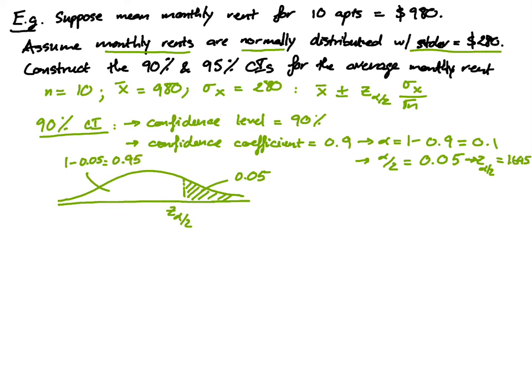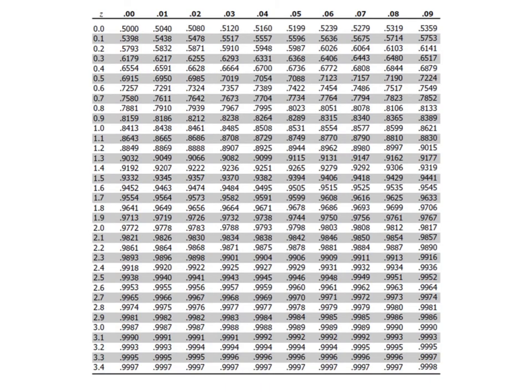Okay, so now the idea is we will want to go into the standard normal table, the z table, look for 0.95 in the interior, and then trace it out horizontally and vertically to get the z-score. Okay, so let's go ahead and do that. So if you go to the z table, we want to look for 0.95 in the interior, right?